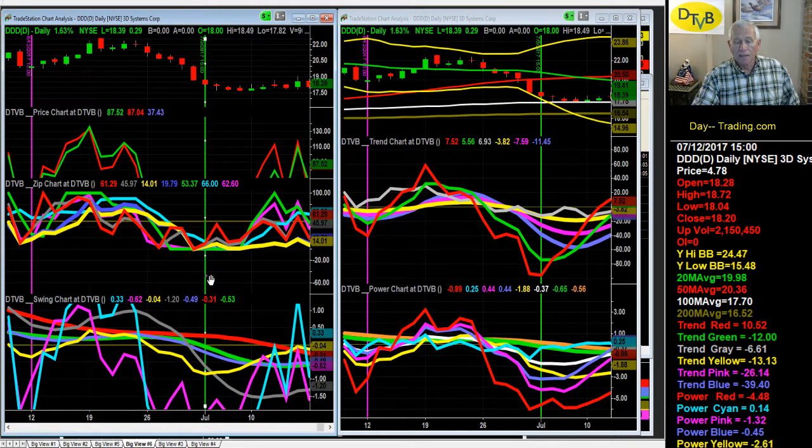Swing gray is under zero and heading down, and because we know that swing gray is a slow moving line, it takes a lot of force to do a BOC pattern or a TOC pattern in swing gray. It typically is a real slow curve changing directions.